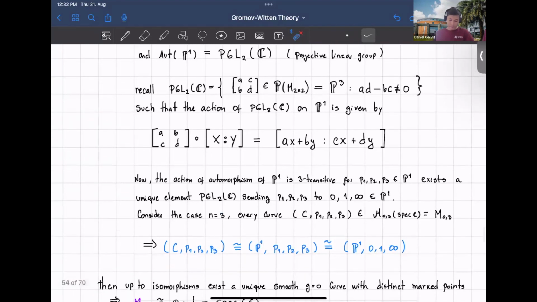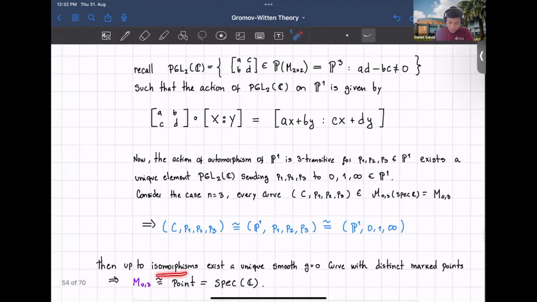You will have our curves isomorphic to P1 with these 3 points, and every 3 points are always sent to 0, 1, and infinity. It doesn't matter where you put the points, the action of this PGL always sends them to the same variety.